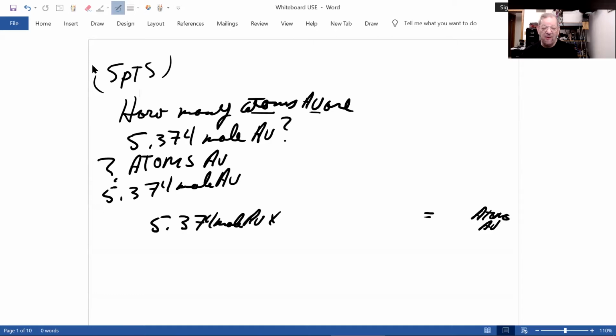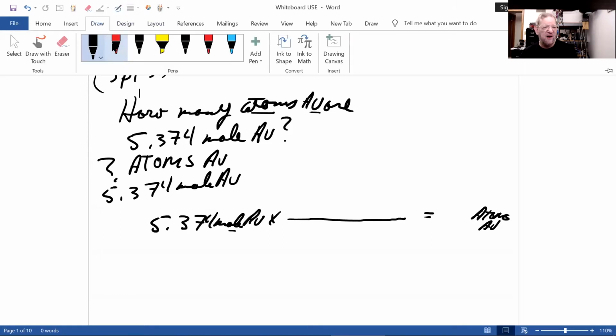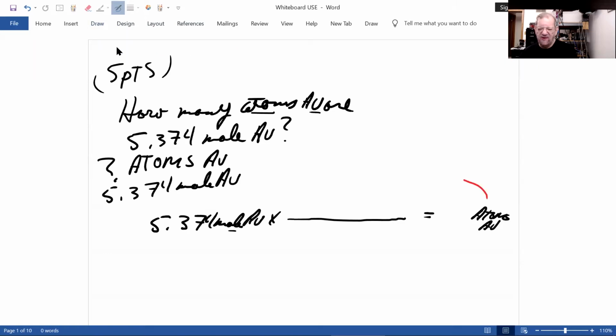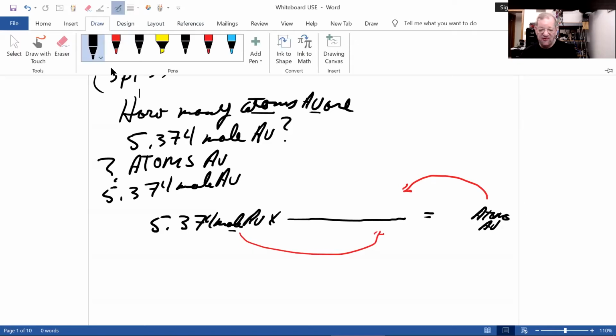Now, if you had a magic ratio, it's not magic, it's chemistry, that you could multiply moles of gold by to get the atoms of gold, what would that ratio be? Well, here's where you use your good buddy, your good friend, unit analysis. Whatever you're trying to get to goes on top of that ratio. Whatever units you're trying to get rid of go underneath. And now I'm going to put those units there.